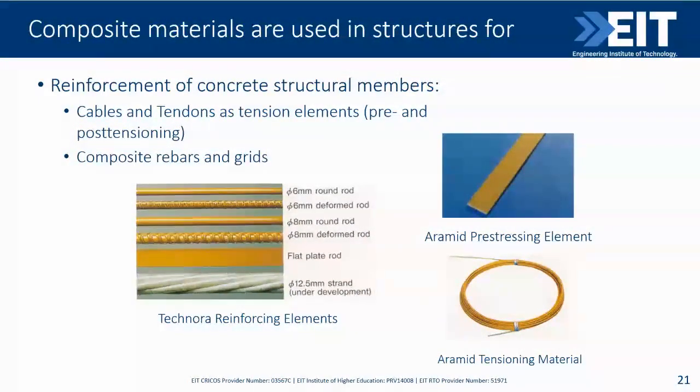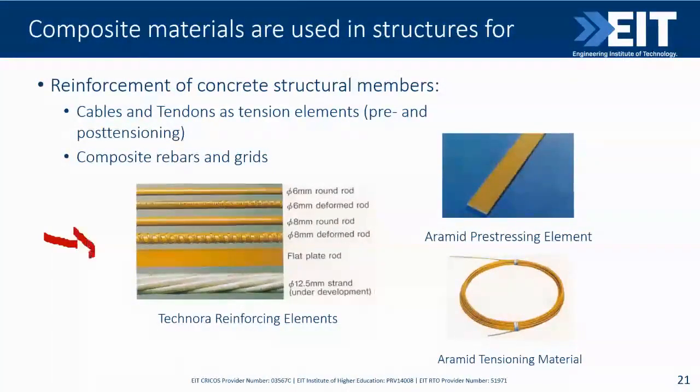So then we will call this reinforced concrete, we'll call it fiber reinforced concrete, FRP reinforced concrete to be precise. Another possibility here is the cables for pre-stressed concrete for both pre and post tensioning.